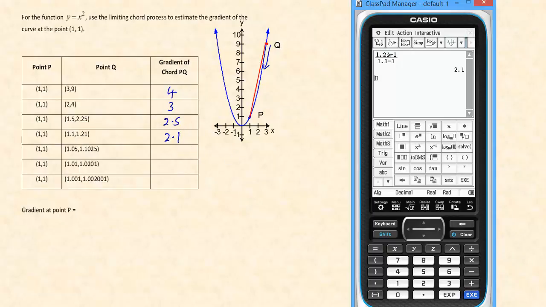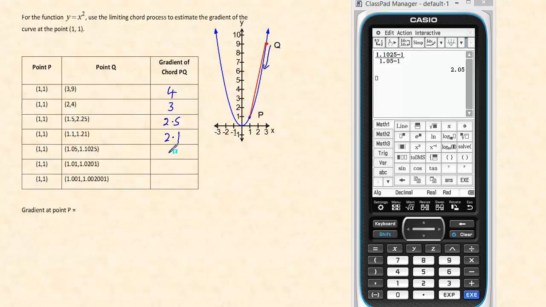Then we've got 1.1025 and 1.05. All the time we can see these are getting closer to (1, 1). That gives me 2.05.